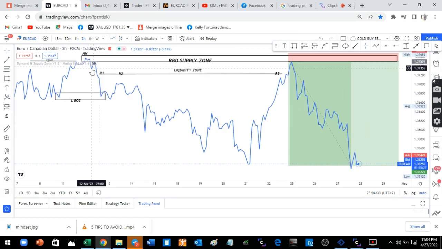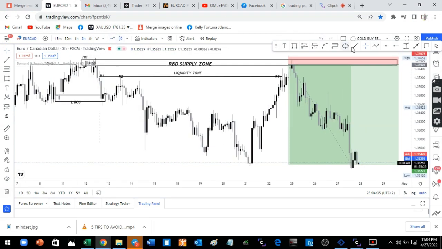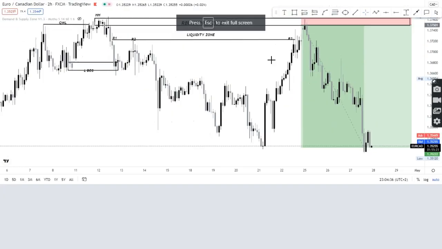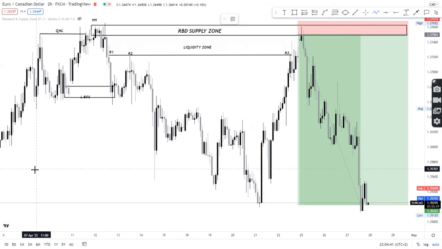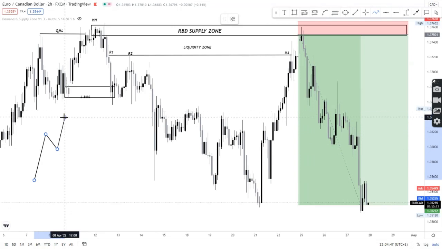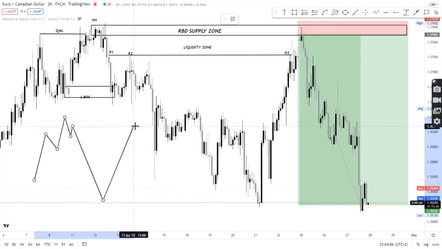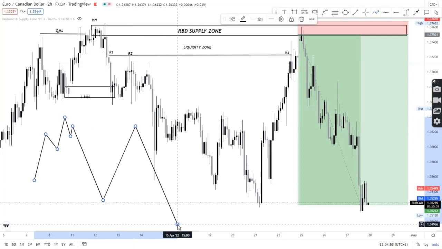Here, that's where we could find the MPL. It's really clear. So we're going to have something like this where the market goes up and goes down and goes up like that, creates a higher high, and then we're going to find something like this. Then the market goes down. Then we wait for the market to come back to that level, and then we sell.